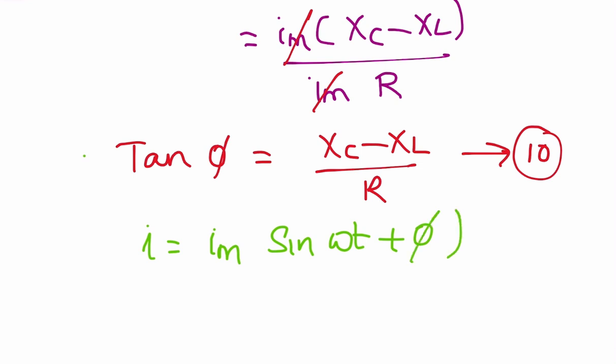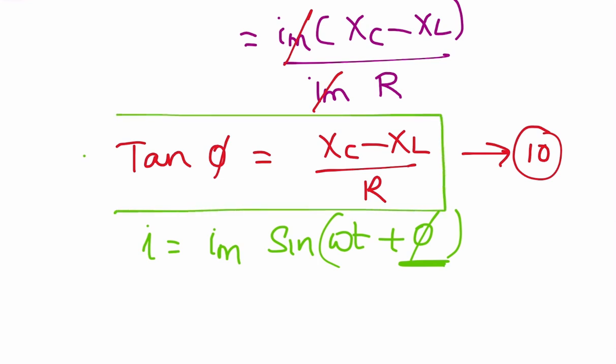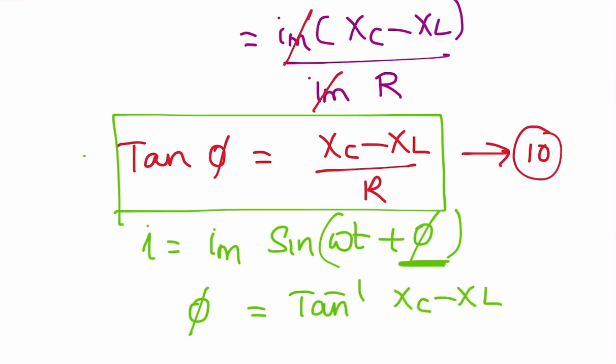Now we came to know the value of phi here, that is tan phi is equal to XC minus XL by R, or you can also write phi is equal to tan inverse of XC minus XL by R. So this is the equation for the phase difference. Now if you substitute that phase difference in this current value, you will get the current equation. Now we got almost all the values.